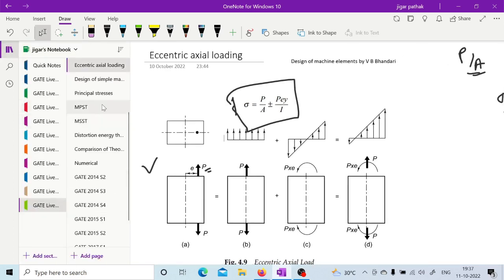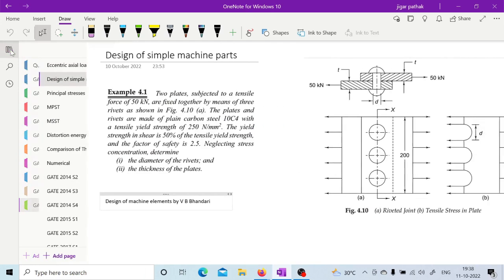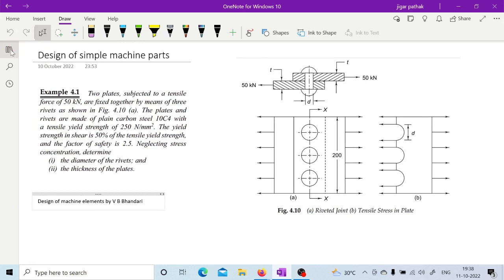So once you are done with this eccentric loading, then we can go for some very simple problem. Before going to this problem, as mentioned here, design of simple machine parts, right? What are the things you are going to consider when you go for designing any simple part?